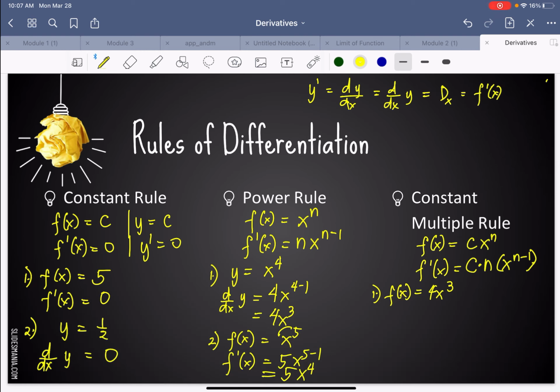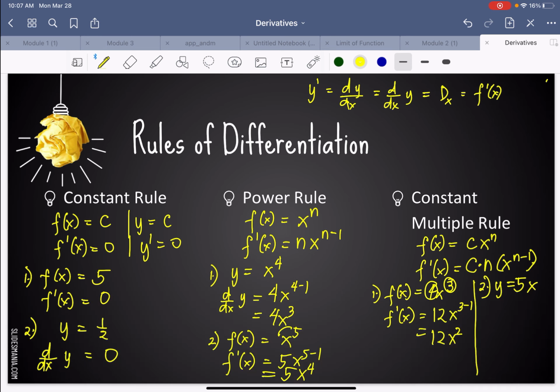So the derivative of the function, f prime of x, is equal to 3 times 4, that is 12, x, subtract 1 from the exponent, so the answer is 12x raised to 2.